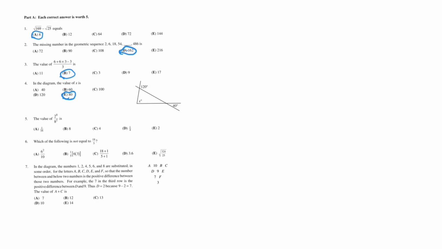Number 5, the value of 2 to the power 8 over 8 squared. We can use the exponent law to do this problem. 8 is 2 cubed, then squared. So numerator 2 to the 8th. Denominator, exponent law: a to the power m to the n equals a to the power of m times n, use the multiplication m times n.